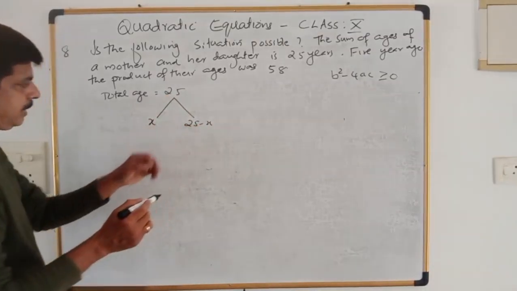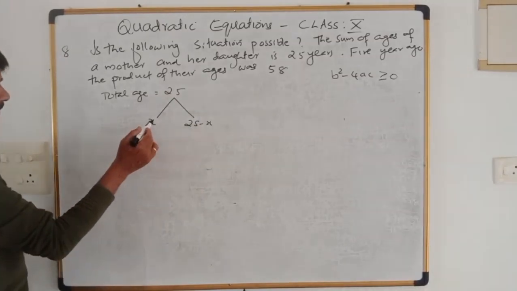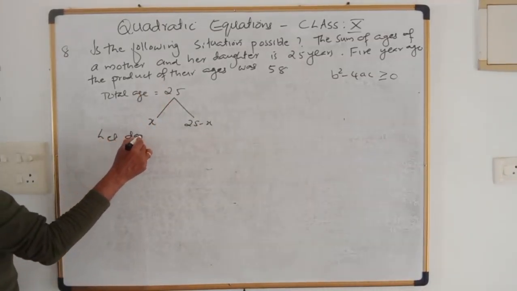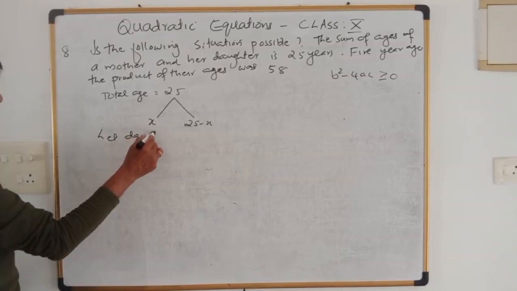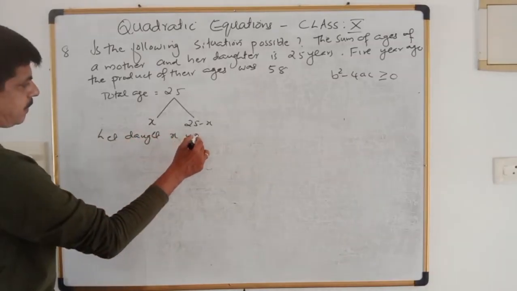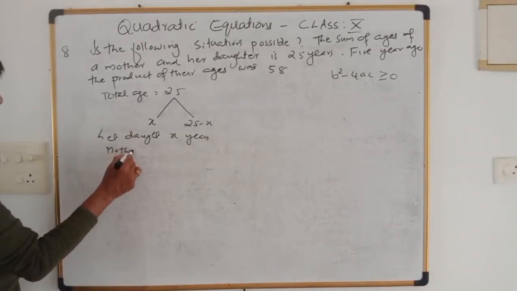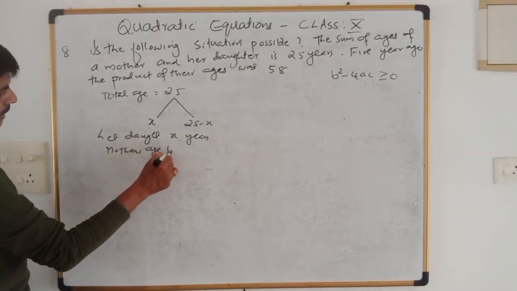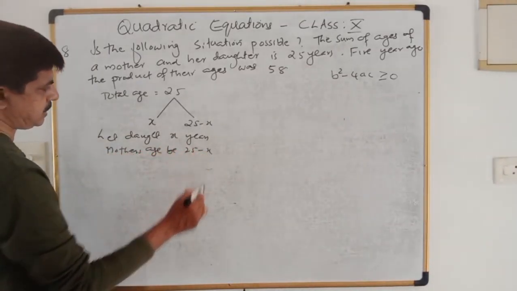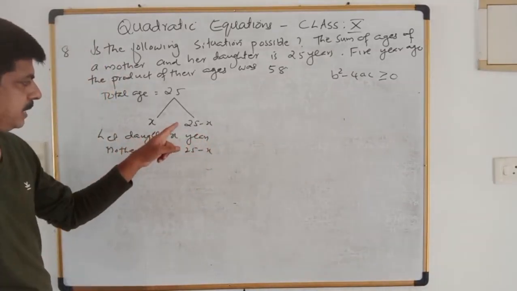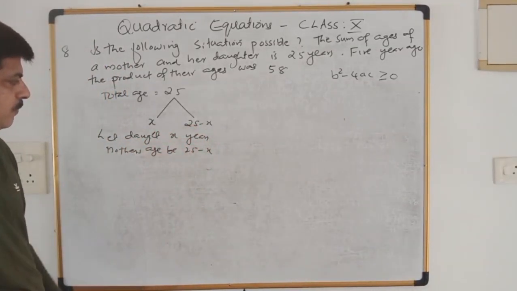So x can be given for the daughter's age. Let the daughter's age be x years, and the mother's age be 25 minus x. Any order can be chosen, or you can take the mother's age as x and the daughter's age as 25 minus x.